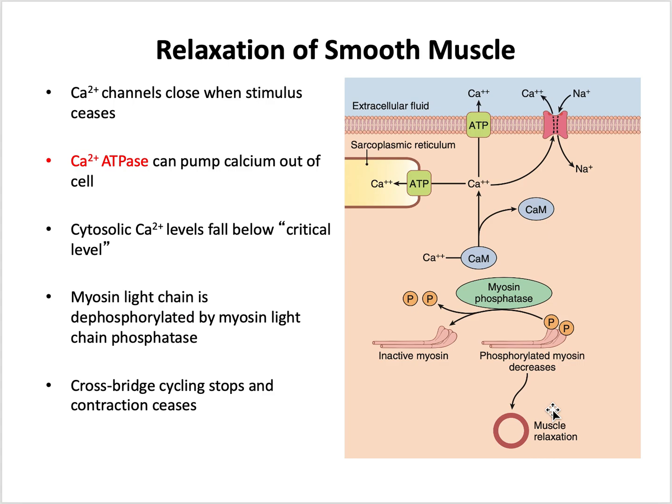So how do we get relaxation of smooth muscle? In skeletal muscle, we got relaxation by very quickly degrading acetylcholine away from the synapse, right? Acetylcholine diffusing away or being degraded by acetylcholinesterase. In smooth muscle, in order to get relaxation, we have to have another enzyme come into play called myosin phosphatase, okay?